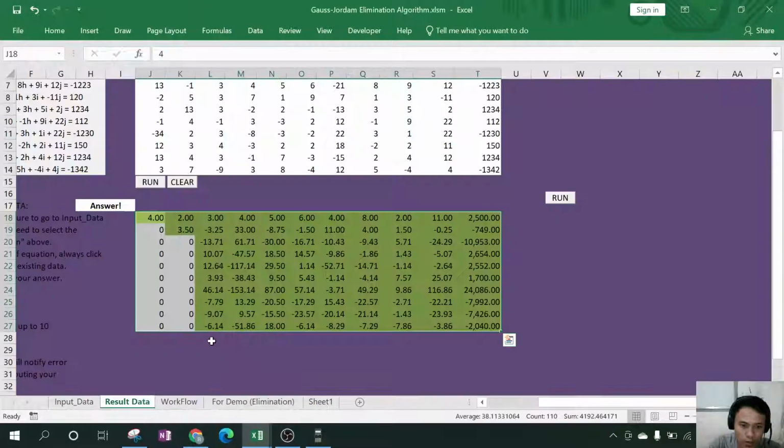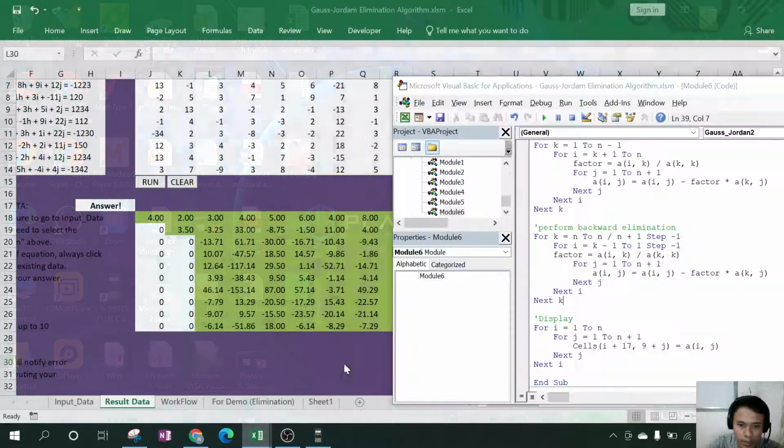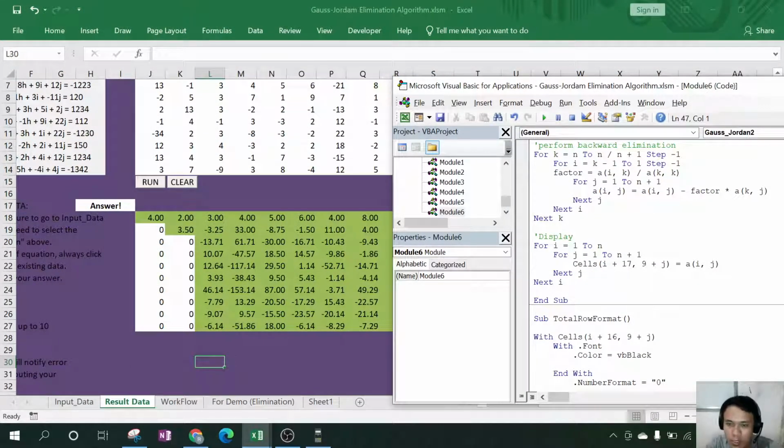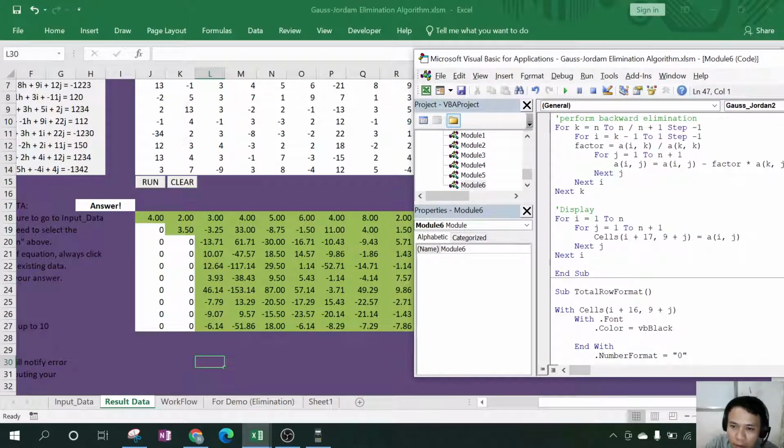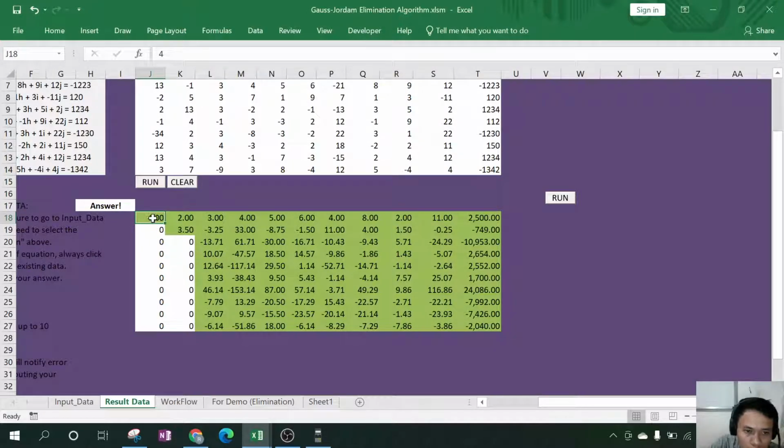So let's go here to our command. Here the display is 1 to n. Then for J is 1 to 11. So the result will be written on rows 17 and up. When I is 1, the ith row is on this one, 18th. So this is the first one.